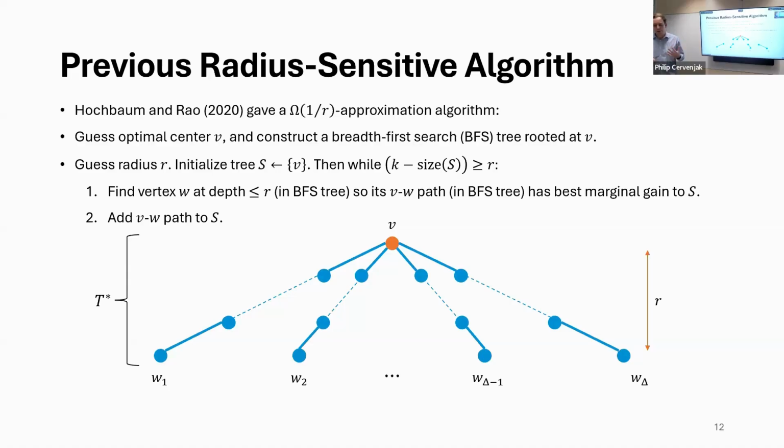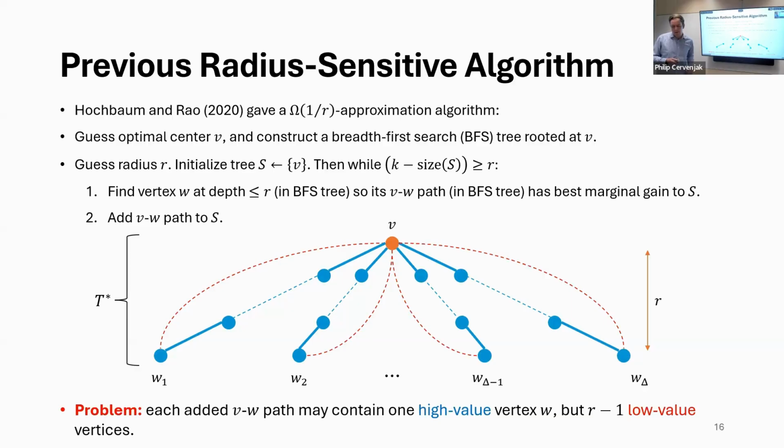We initialize our solution with V, and then while it's still possible to add edges into our solution, we find some vertex W at depth at most R in the BFS tree, such that the path from the center to W has the best marginal gain to the solution, and we just add that path to the solution. So this seems like a fairly good idea. If you run the algorithm, it'll look something like this. You might pick these vertices and then you add these corresponding paths.